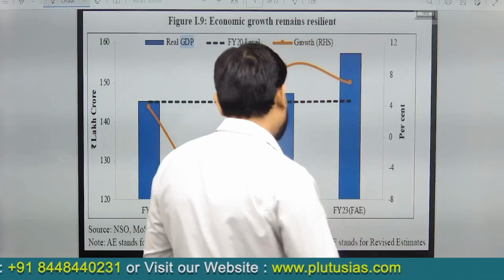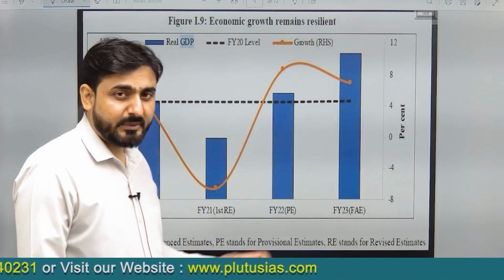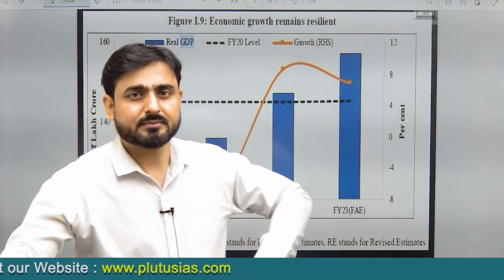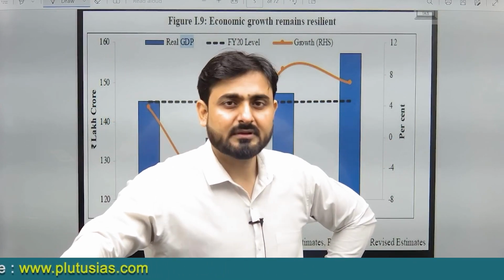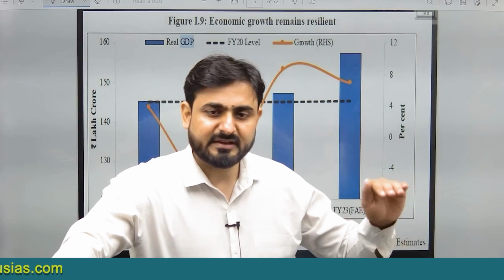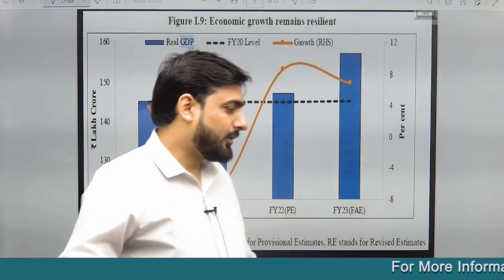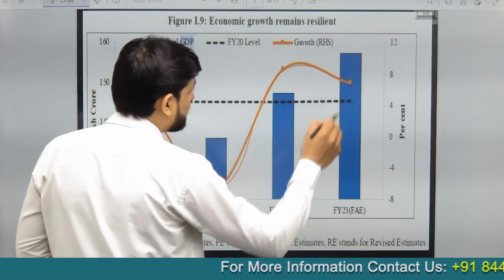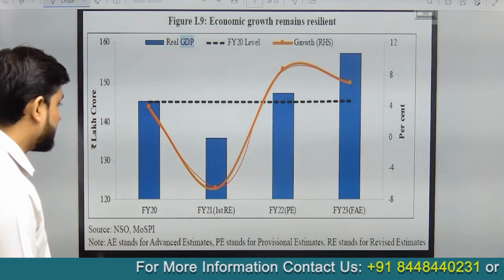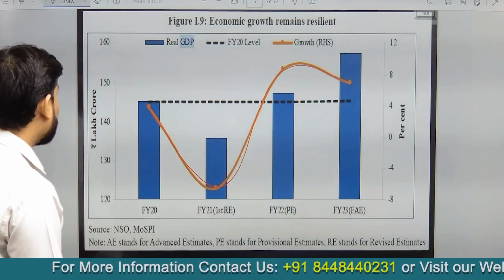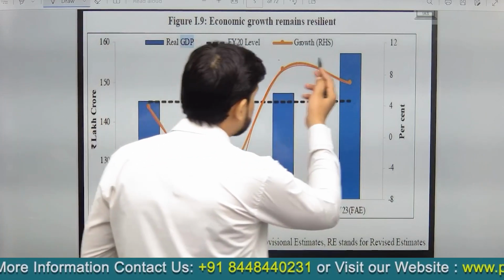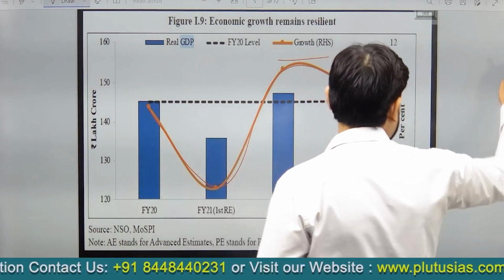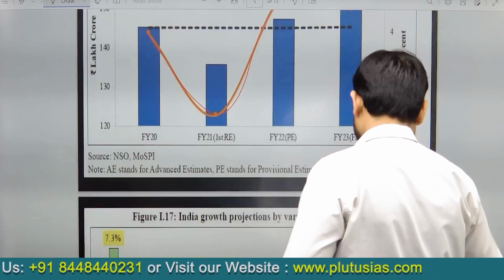Further, how we are progressing, meaning one of the objectives of calculation of GDP is to measure the economic performance. So how the economy performs like this, 160 lakh crore based on constant price.